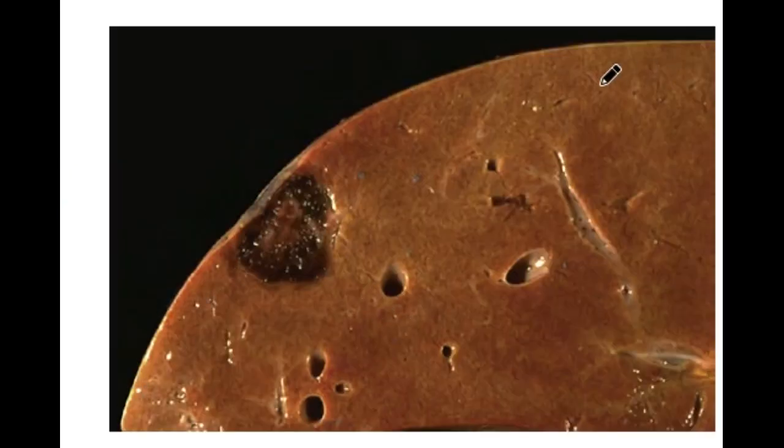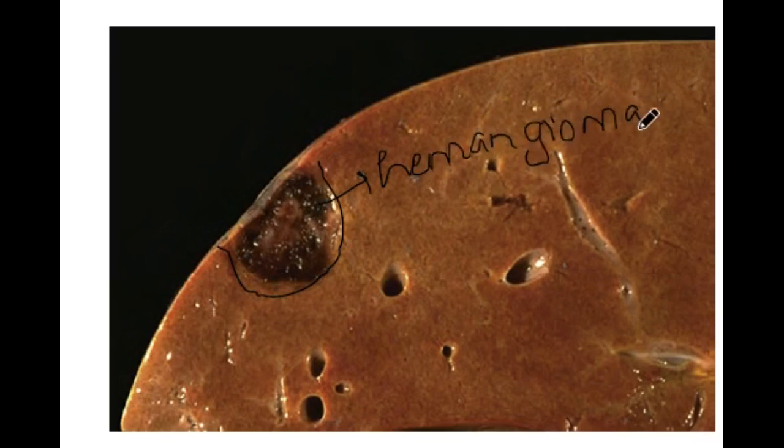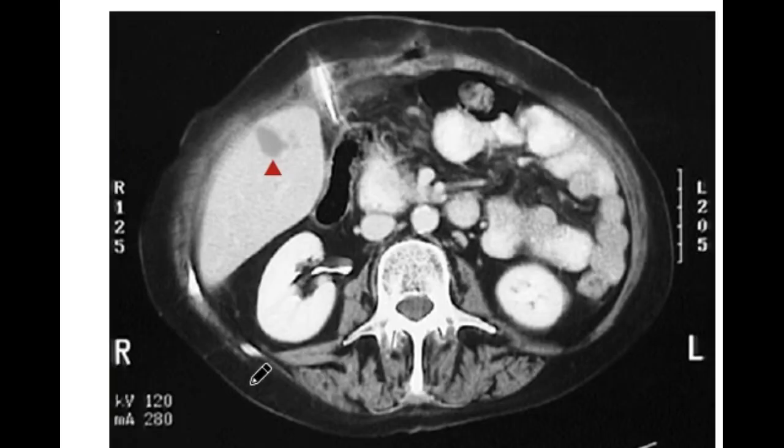This is a gross picture of the liver which is showing a circumscribed lesion in the capsule of the liver. This is actually a hemangioma of the liver. This is the CT scan of the abdomen, but in the liver, if you see, a small hypodense lesion is seen here.